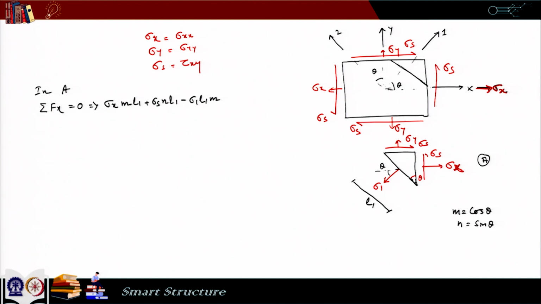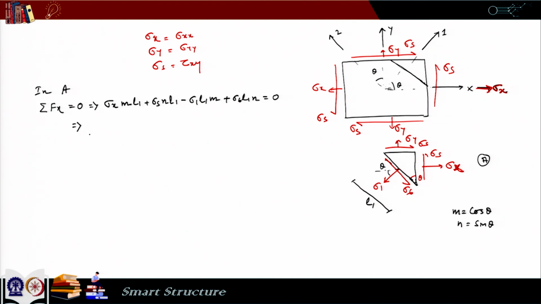Also along this we have a shear stress component, which is sigma 6, so plus sigma 6 L1 n, and this entire quantity is 0.